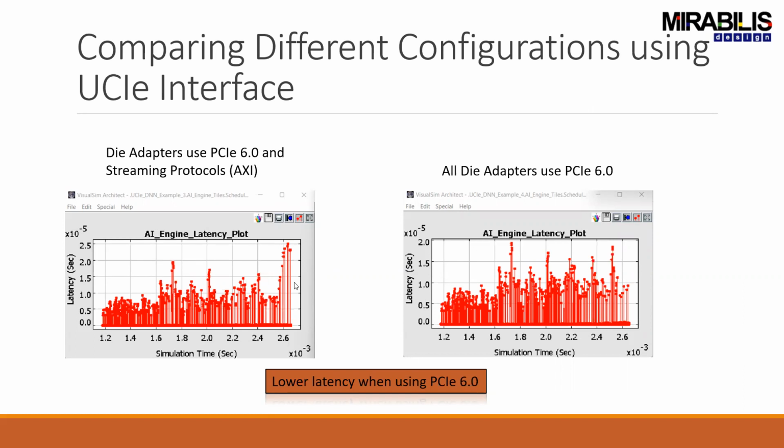So it tells me that yes, PCIe 6.0 does provide lower latency, but the bigger issue that comes up is these spikes. Why are there these constant spikes? And is there any way to smooth out the latency for memory accesses? Because having all these spikes can really cause a lot of performance issues in your overall chip design.